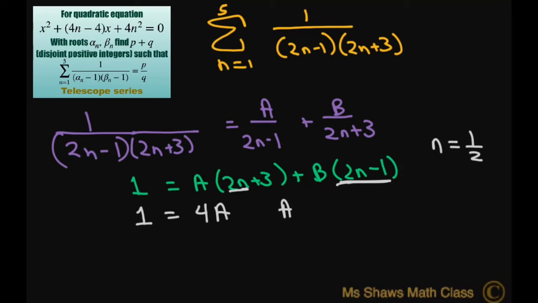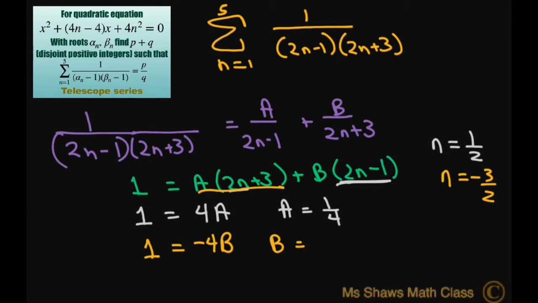So a is 1/4. If you let n equal negative 3/2, that zeroes out this a part, and you're going to get 1 equals negative 4b. So b is negative 1/4.